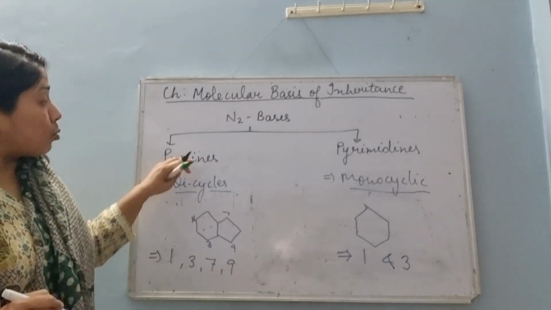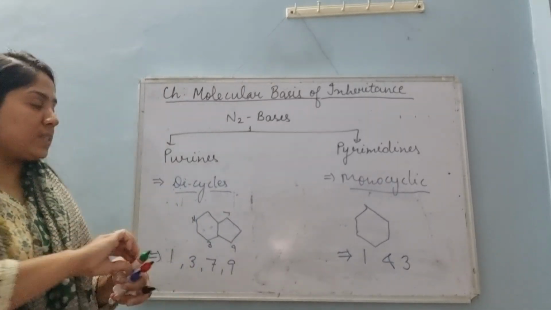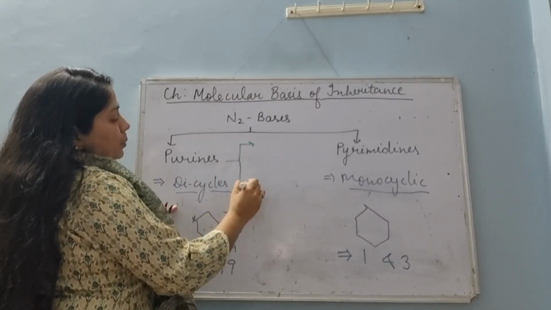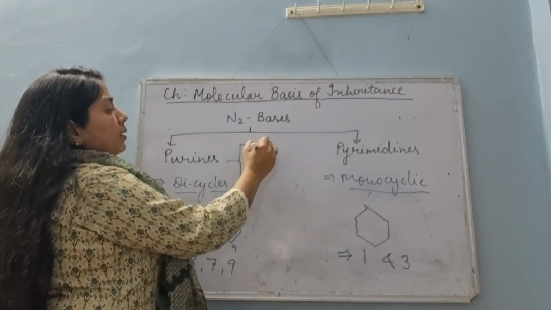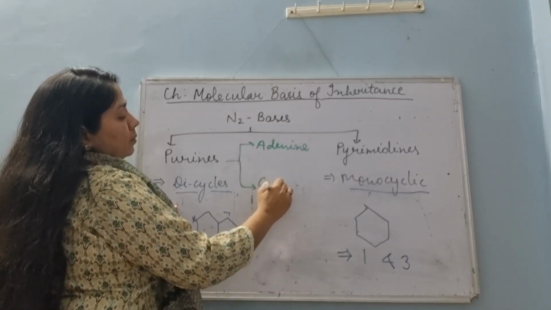Okay. Now there are also different types. Purines and pyrimidines also have different types. We will see their types. Purines are of 2 types, adenine and guanine.